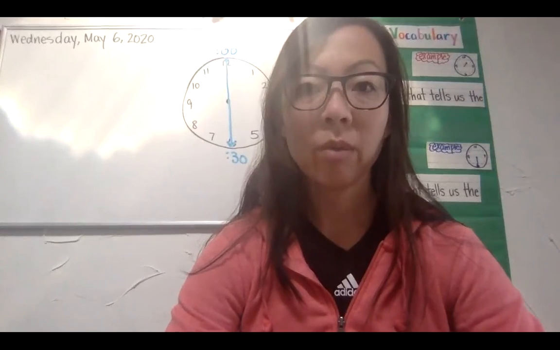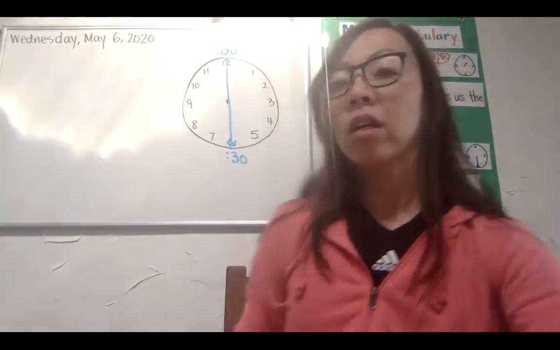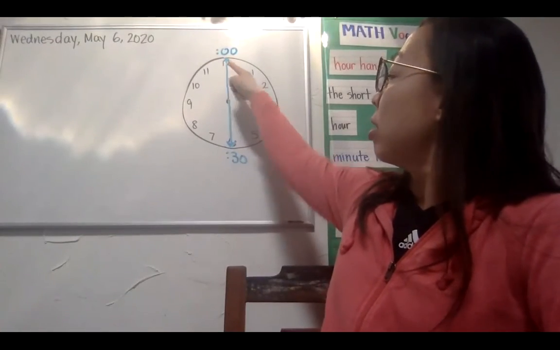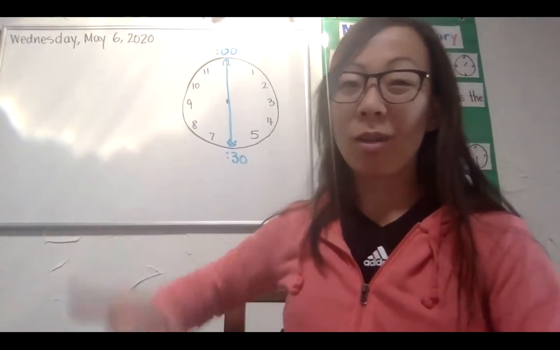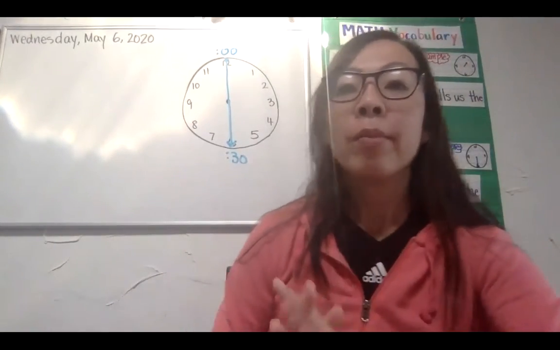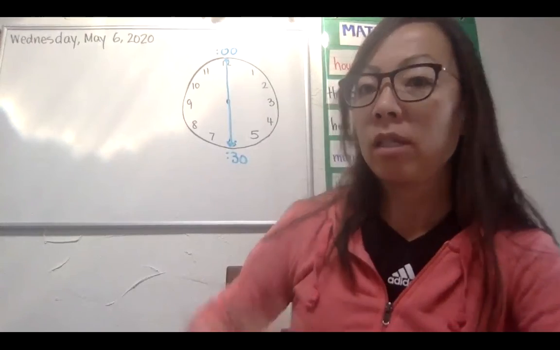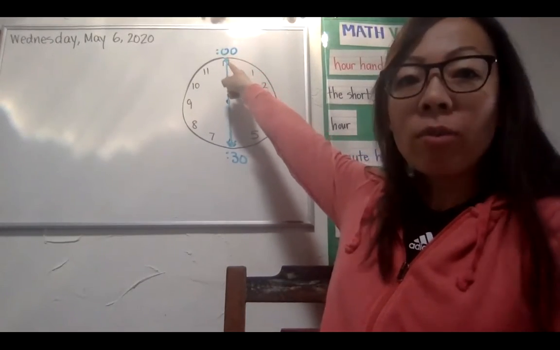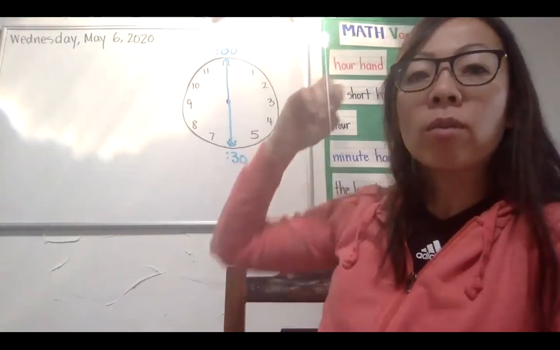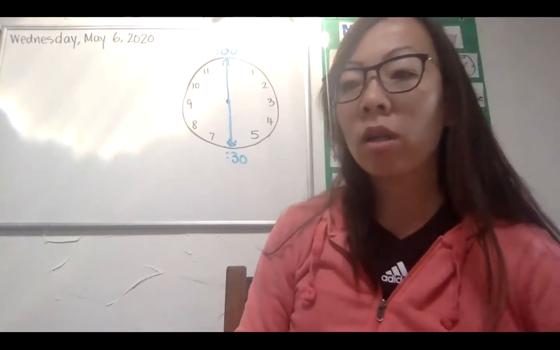So the key times that I want to show you are when we have the minute hand pointing straight at the 12 or the minute hand pointing at the 6. There's 2 minute hands on this clock, but you know that that's not going to happen. But let's take a look at what that means. When the minute hand points straight at the 12, we're not going to put 60 minutes there. We're going to put 00, and we call that o'clock.